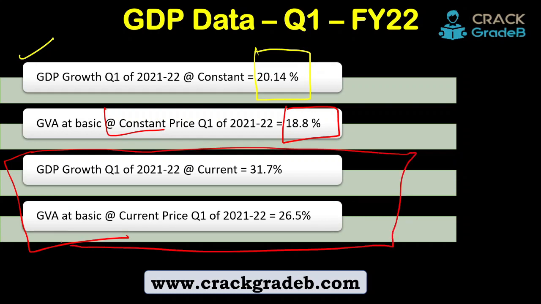We have put this data just to make sure that you know it, because you never know, when you have some data you can write a good answer in the descriptive paper, right? But yes, remembering this is more than enough.